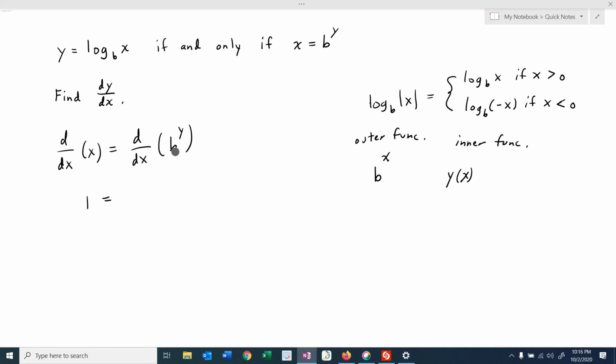And now, of course, we have to use the chain rule to find the derivative of a composition of two functions. And so we have to find the outer derivative and multiply it by the inner derivative. So let's find the outer derivative. Well, the outer derivative is the derivative of this function with respect to x. And if you remember from a previous video, we found this derivative is simply b to the x times the natural log of b.